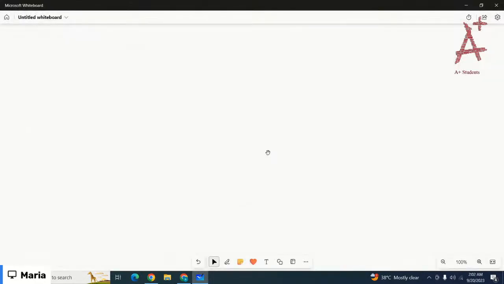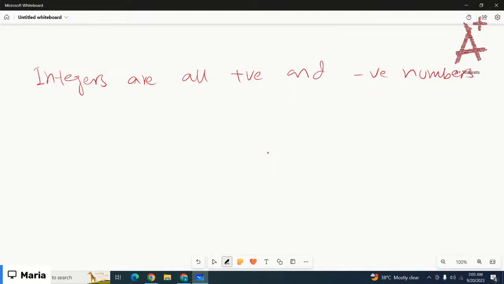Okay, let's just start with the definition of integers. Integers are a special set of numbers that includes, you can note down the definition, all positive and negative numbers, including zero.